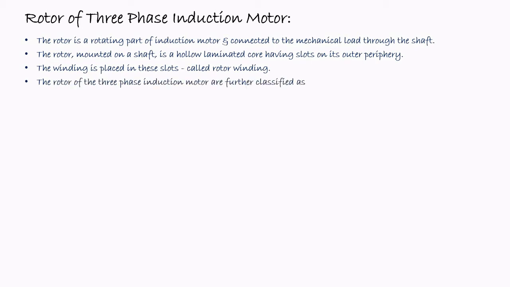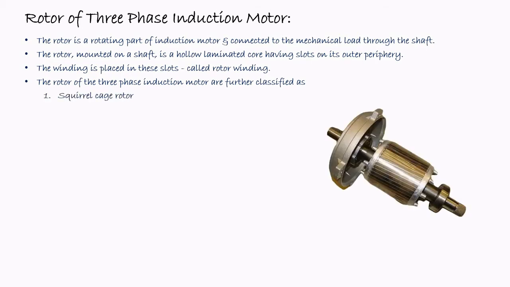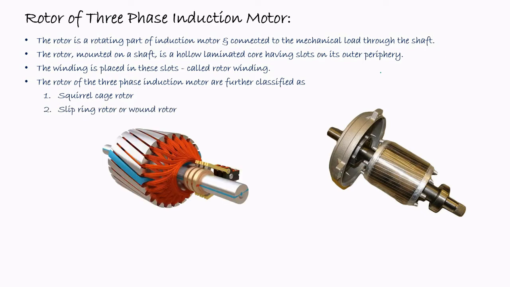The rotors of three-phase induction motors are further classified as the squirrel cage rotor and the slip ring rotor. So here it is the squirrel cage rotor, and here it is the slip ring rotor.